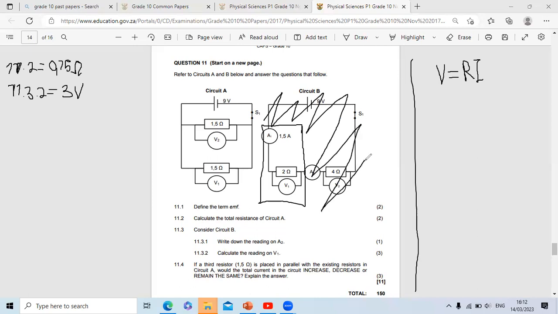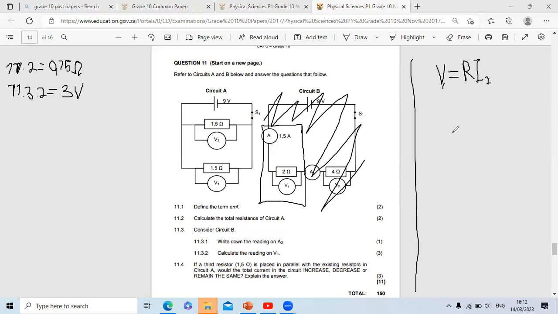You see. So we're supposed to calculate the voltage, which is V1. You can write V1 here, is equal to R, which is the 2 ohm resistor, and I, which is A1. So do you understand now? Yes.